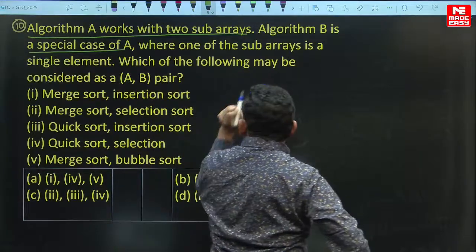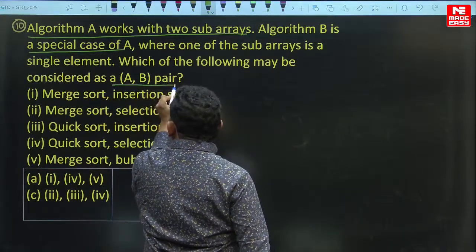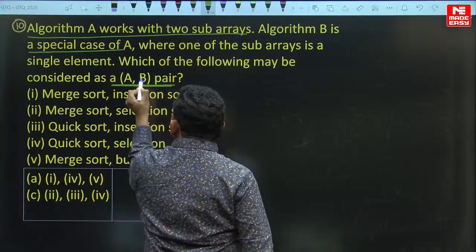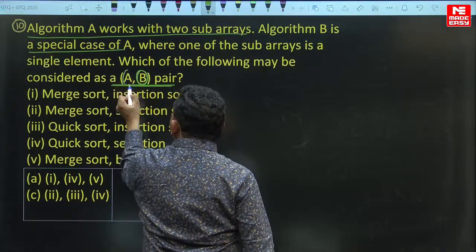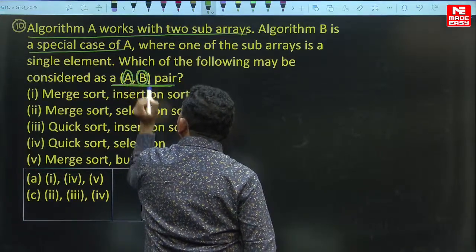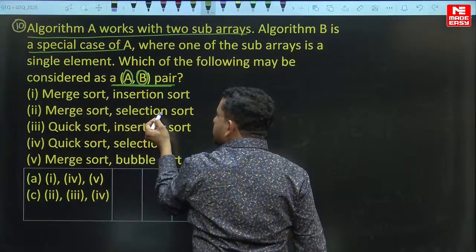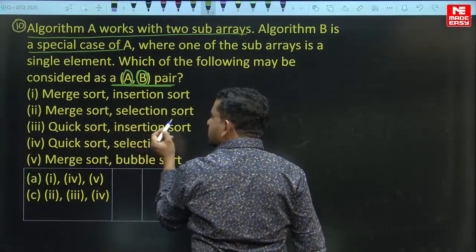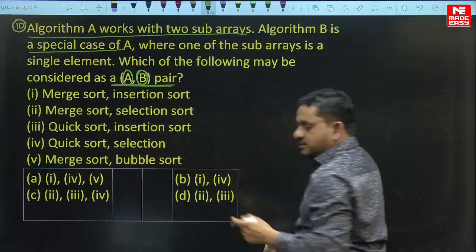Which of the following may be considered as the pair A, B? That means B should be a special case of A. The options are: merge sort, insertion sort; merge sort, selection sort; quick sort, insertion sort; quick sort, selection sort; and merge sort, bubble sort.